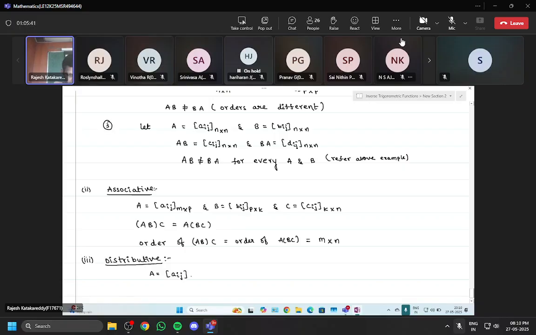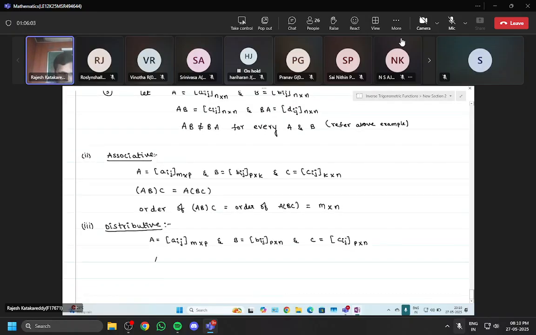It will follow right and left distributive both. I made sure B plus C is defined, A into B is defined, A into C is defined.